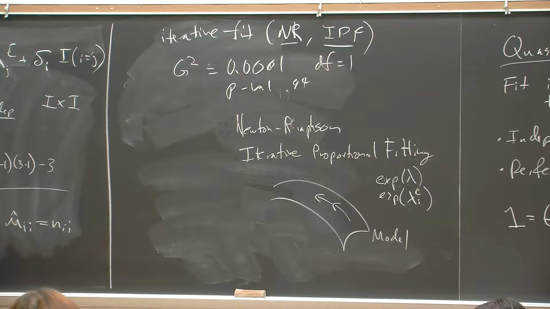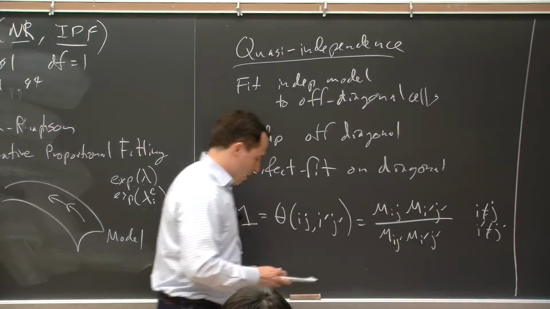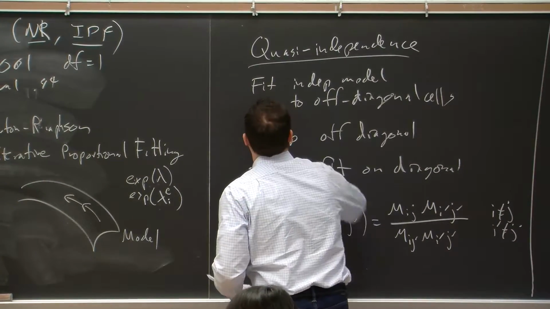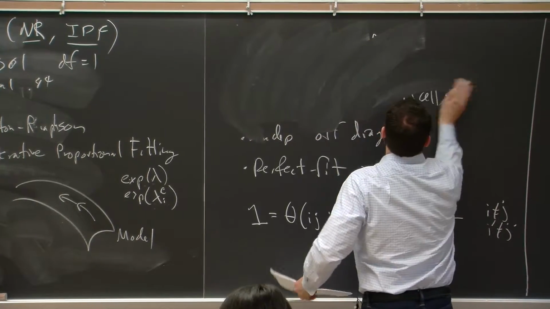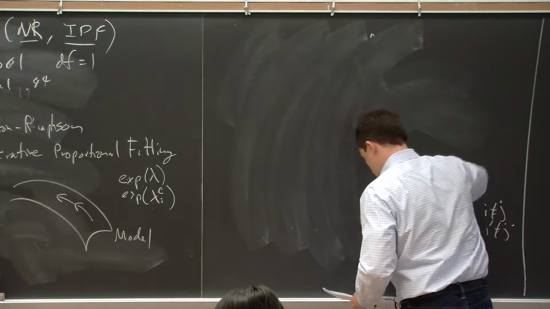Right. So the odds ratios for purely off-diagonal things are completely fixed by the model. They're just always 1. And then we have interesting odds ratios for cells that involve diagonal elements.